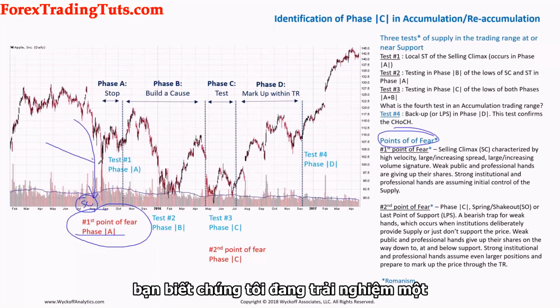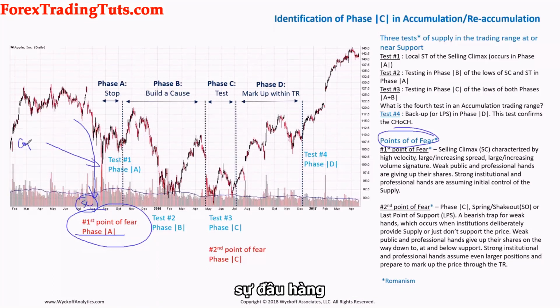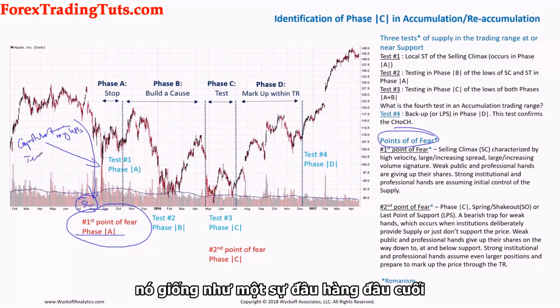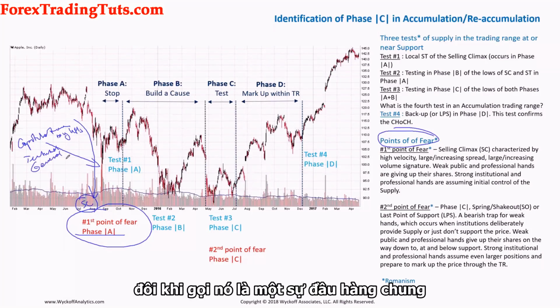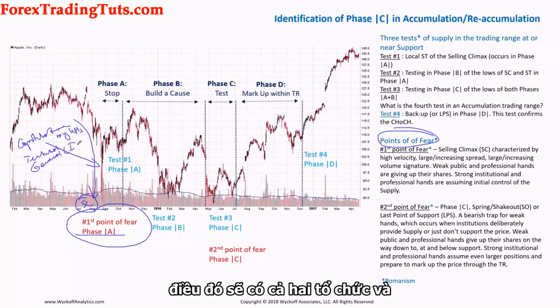We are experiencing a capitulation by weak hands. And in this instance, it's more of a terminal capitulation. And therefore, I sometimes call it a general capitulation that would have both institutions and public behind it.